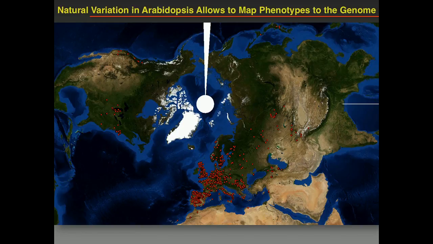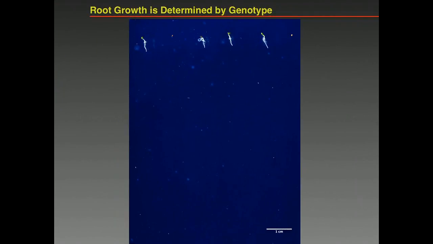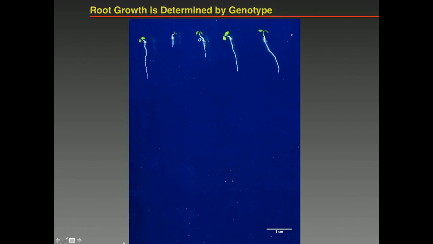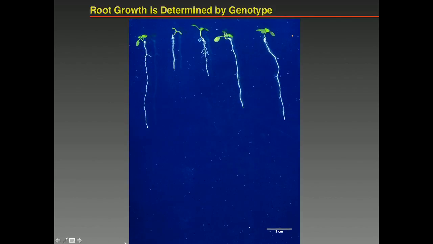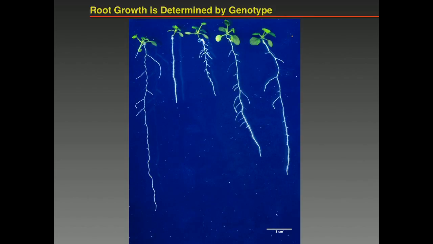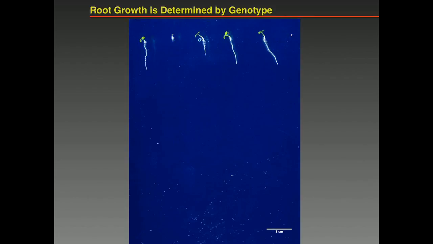Another feature is, of course, that several groups have been very successful in sequencing or genotyping those accessions, as we call those strains, with very high resolution. Now, in my lab, we use the root as a model system for this, and I can show you why. Roots of different strains that are genotypically different develop very differently, even very early in plant development.